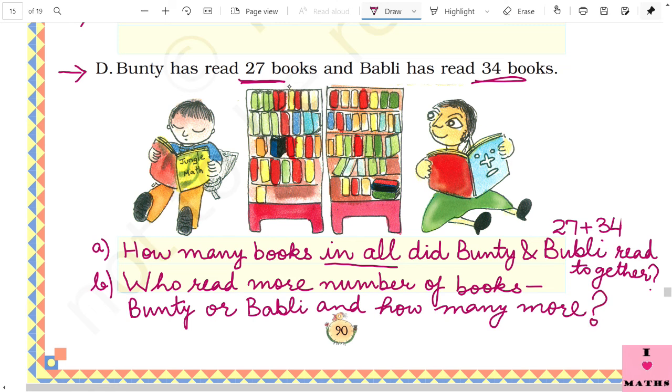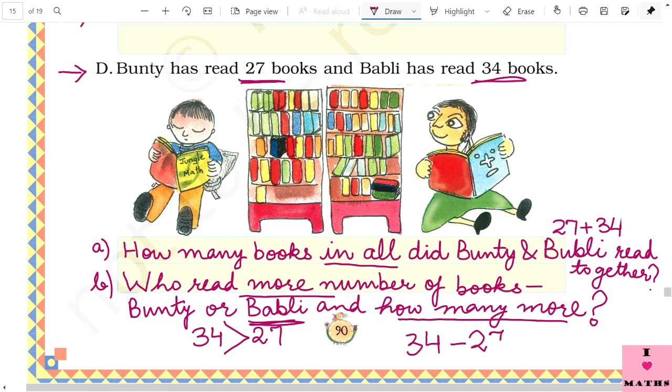In this case, children, you have to compare. There is a comparison. Who read more number of books? So naturally, Bubbly read 34 and Bunty read 27. So 34 is more than 27. So you will say that Bubbly read more number of books. How will you find how many more books did Bubbly read? So you will find out by subtracting 27 from 34.